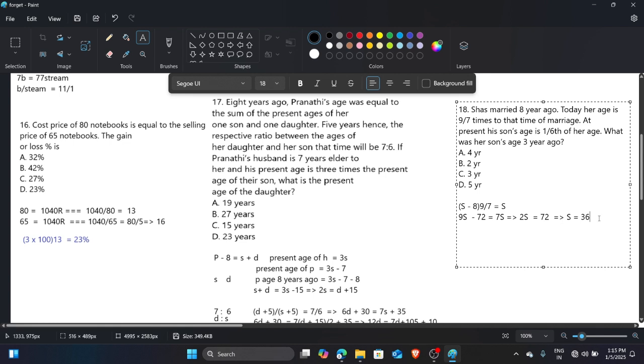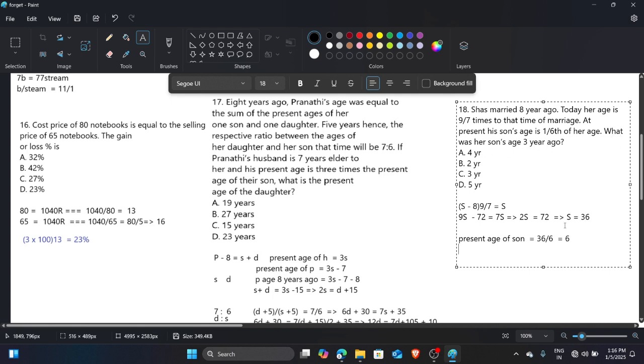is what 6. So the present age of the son is nothing but 36 divided by 6, so it is 6. Now what was her son's age 3 years ago?